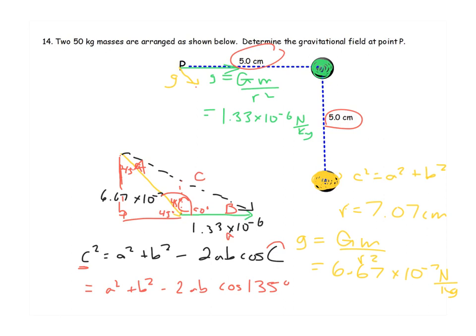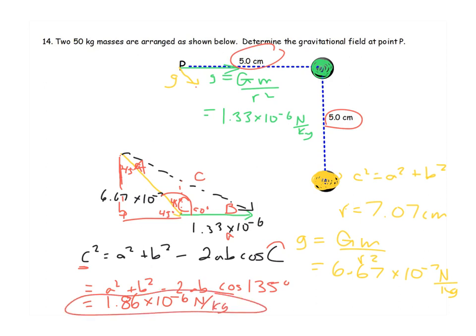And then I square root that to get C. And I get a magnitude of 1.86 times 10 to the negative 6 newtons per kilogram.